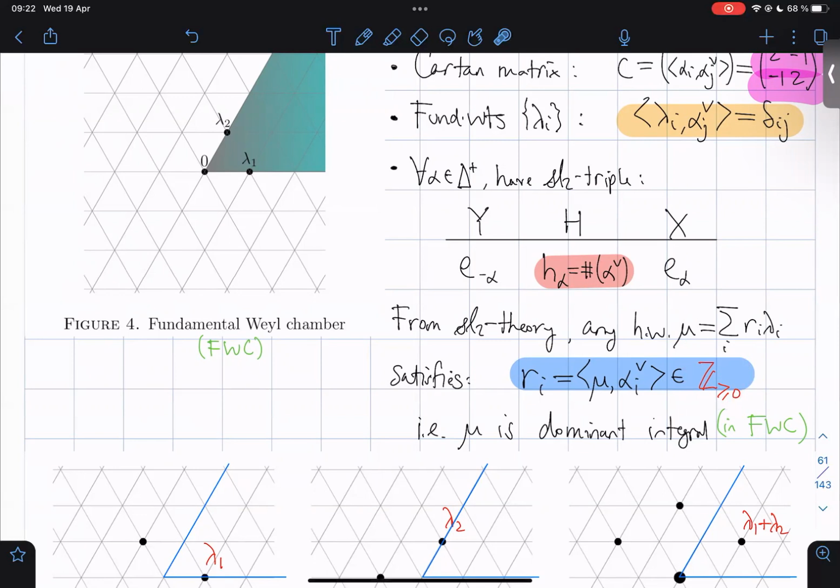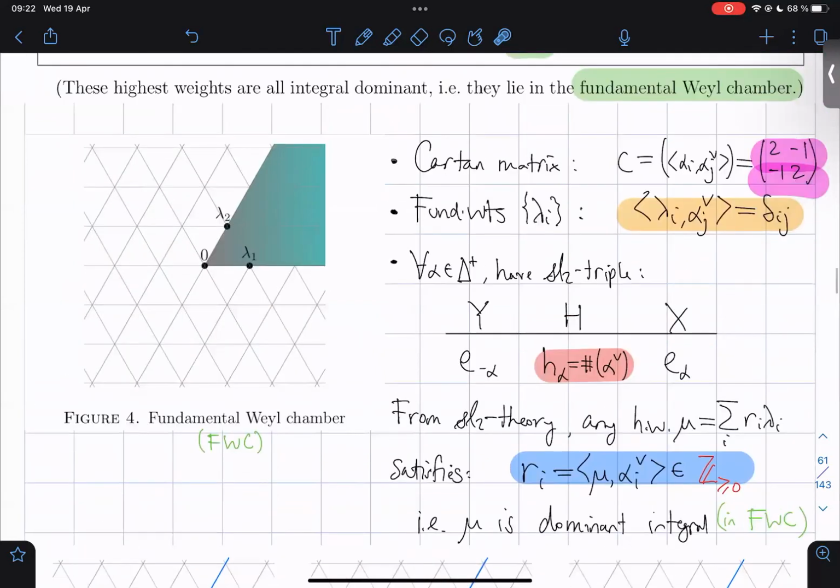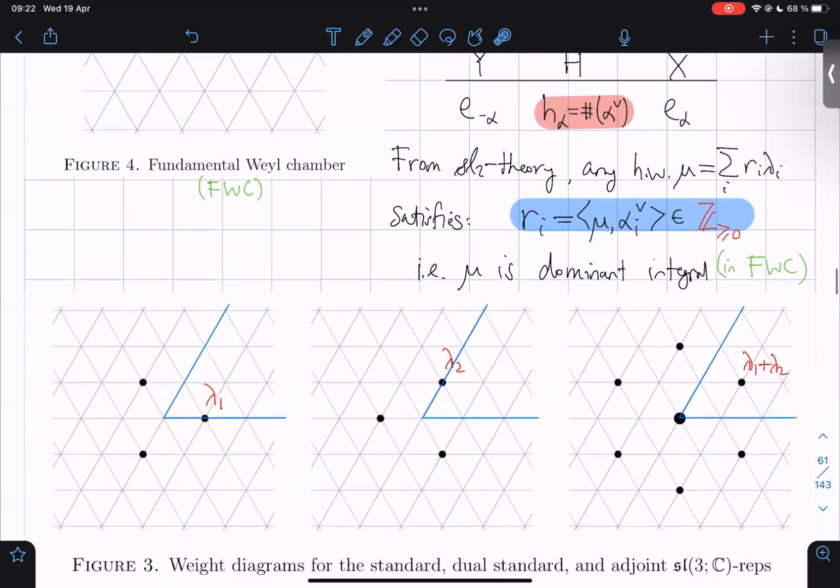Okay. So this is dominant integral. So here's the fundamental Weyl chamber. Okay. So anything here is a non-negative linear combination of lambda 1 and lambda 2. But then if you want it to be integral, it has to lie on this lattice. That's the weight lattice. Okay, that's where all the action is happening.